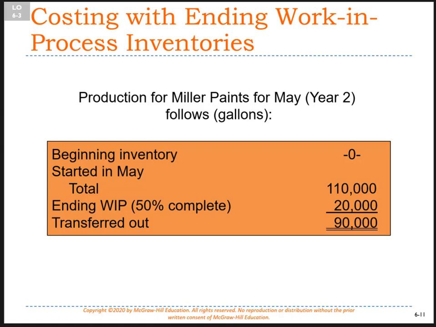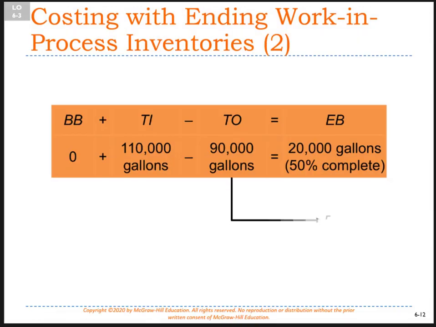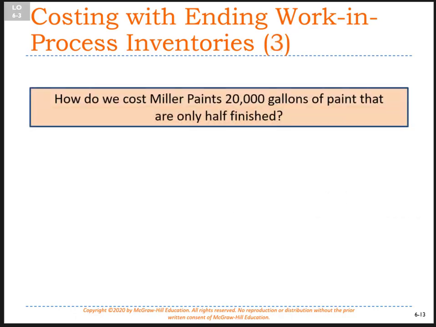So now we have the added issue of taking the cost and allocating it somehow between what's got finished and what is still being worked on. We know, just as a graphical thing, 90,000 went to finished goods. We still have 20,000 gallons, and they are halfway done, halfway through the process.